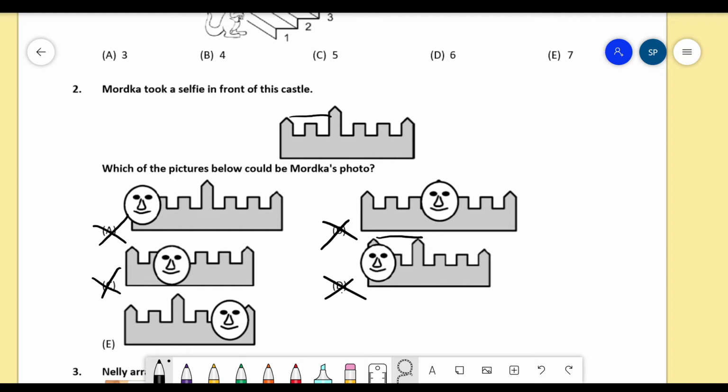And E is our only leftover option, and still if we check, we have a short point, a box, a taller point, and we have this box, and we also have this point ending it. So even if we don't see this part of it, we still know that this has gotten the closest. So E is the answer.